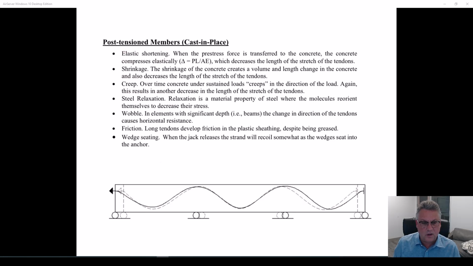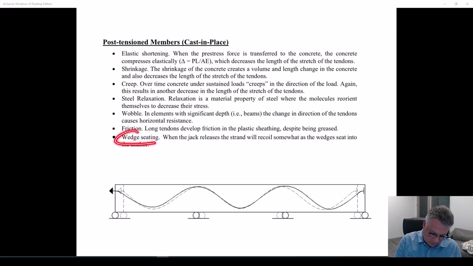So these things are all adding up. There's a frictional component. As much as we try to grease and sheathe and make that tendon or that strand slip and slide inside that plastic, there's still some friction. We can't get rid of all of it. And the longer the beam is, the more friction we're going to have. So friction is another reason that we're not going to stick with and have as much force as the jacking force read on the day it was stressed.